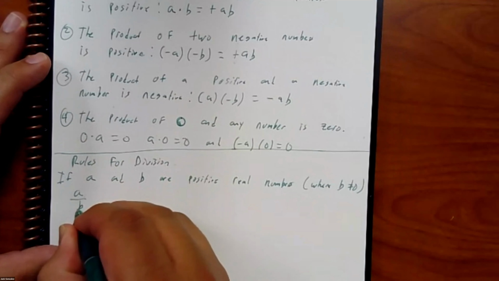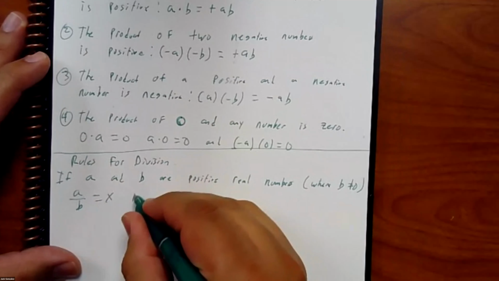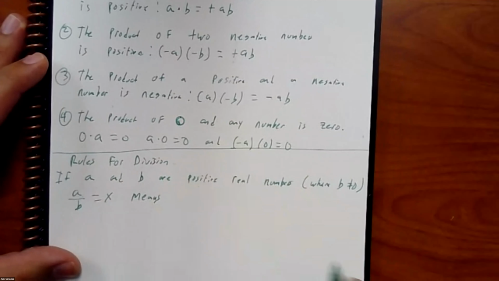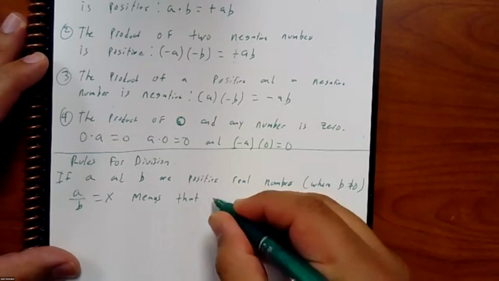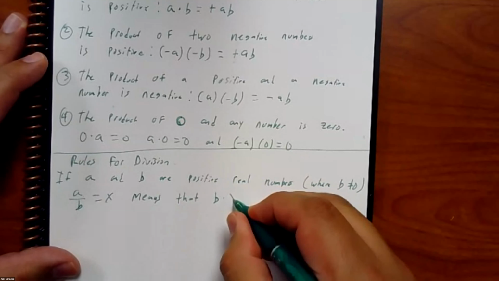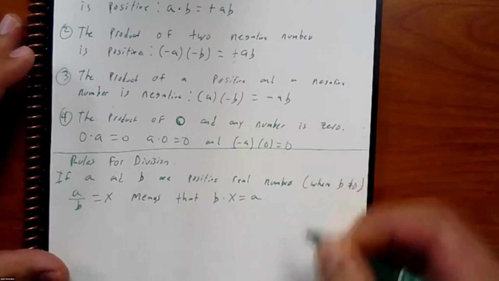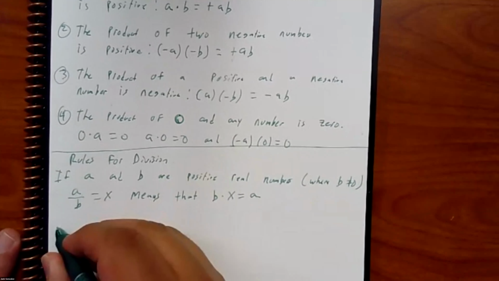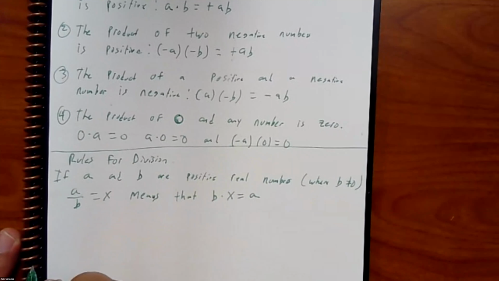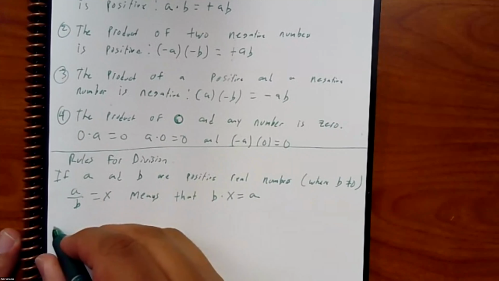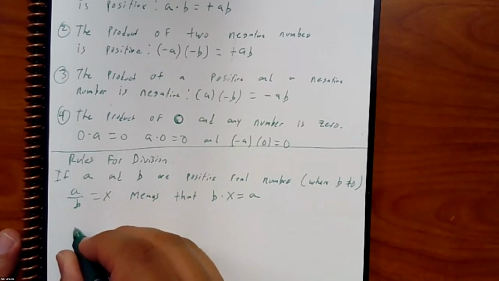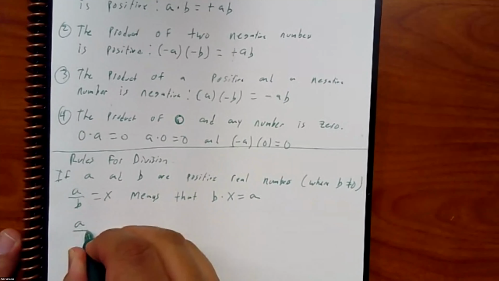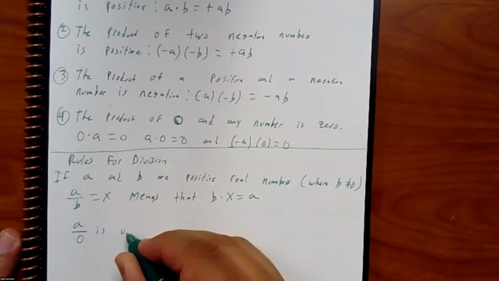A over B equal to X means that B times X is equal to A. So A over zero is undefined.